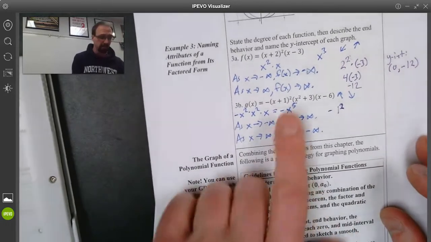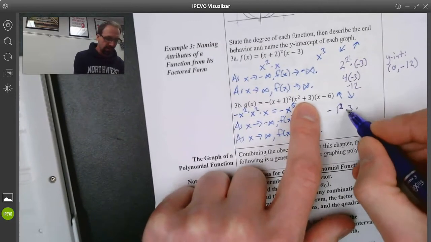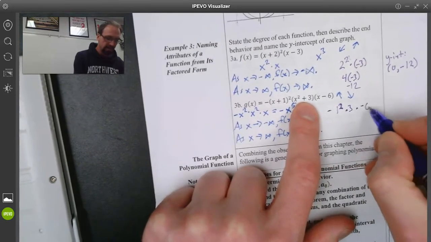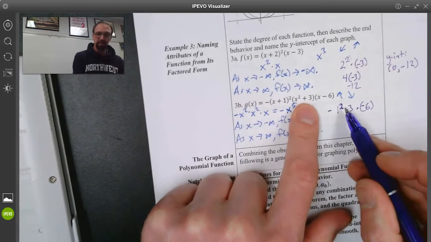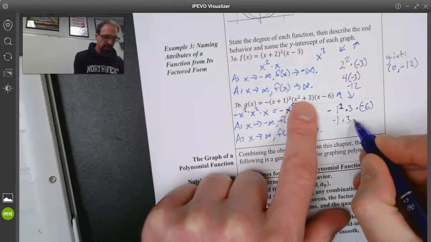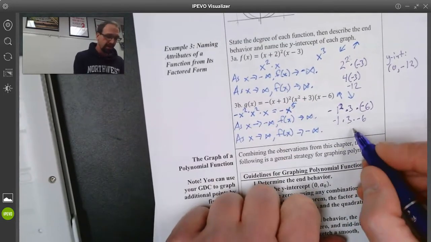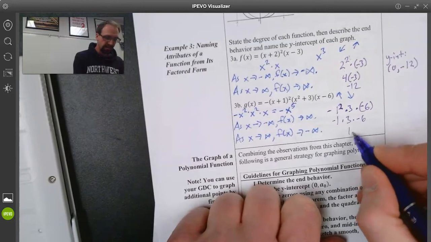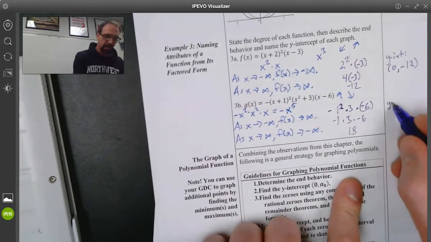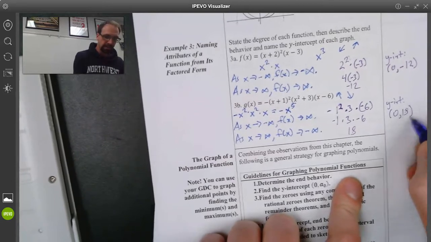Times 3 times negative 6. So 1 squared is 1. Negative 1 times 3 times negative 6 is going to be positive 18, since 6 times 3 is 18. So my y-intercept is going to be at (0, 18).